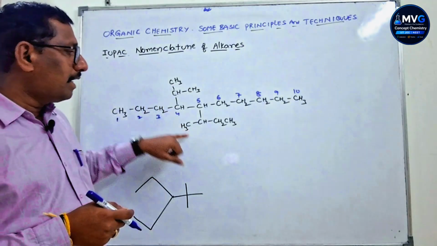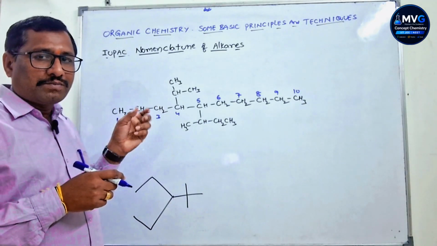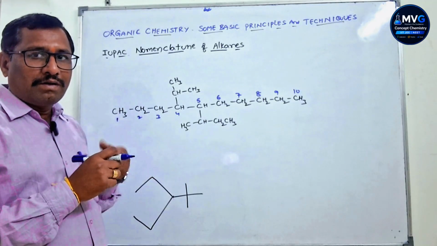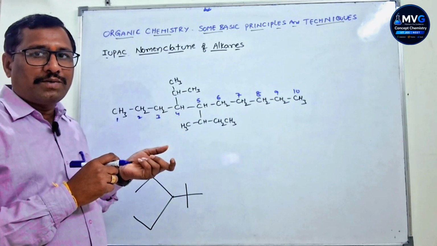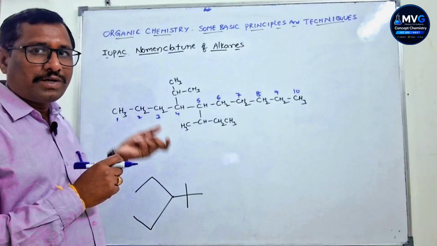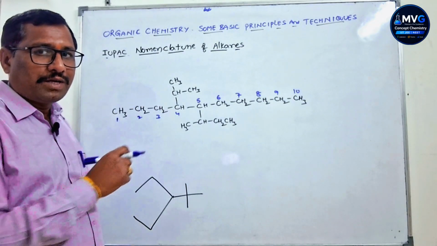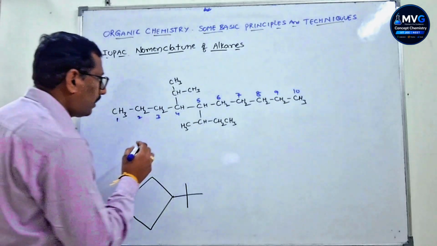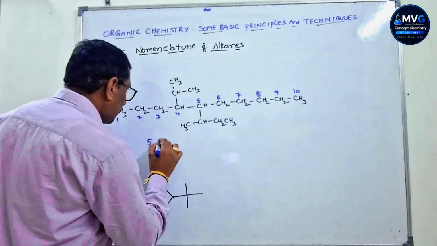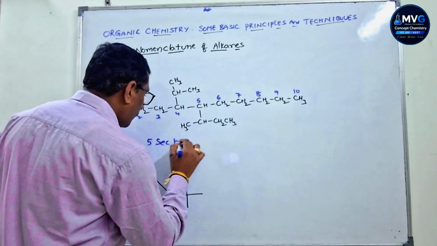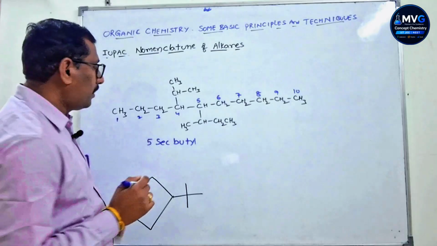Now students, here secondary and iso are not numerical prefixes. These are prefixes, but we can't include them in the alphabetical order priority. Butyl, propyl, we will give alphabetical priority. Now B is the first alphabet, then isopropyl is next alphabetically. So while writing the name, here fifth position secondary butyl, with B as the alphabet.